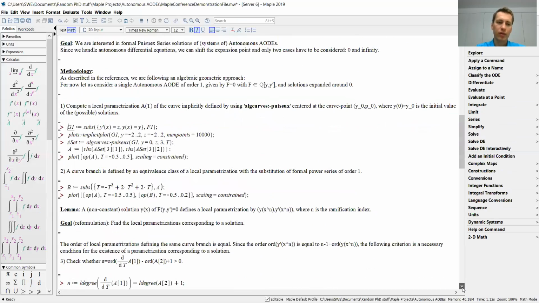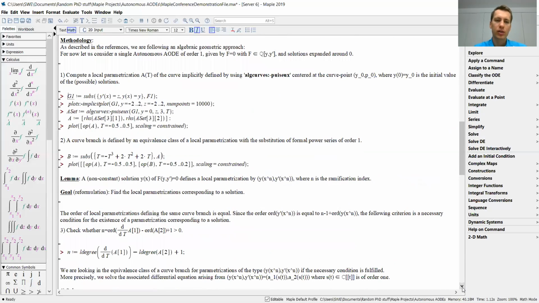Which method do we use? In all our reasoning, we are using an algebro-geometric approach. This is described in the references. For now, for illustration, let us consider one given equation of order 1 given by f equals 0, and we want to find solutions expanded around 0.